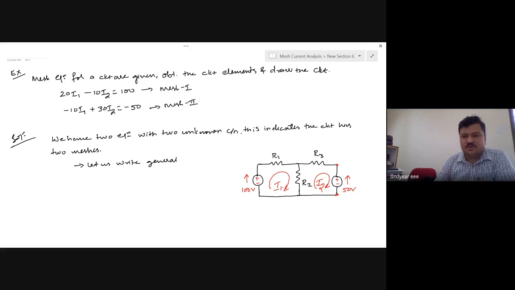Now I got what the voltage sources are. Now I should know the resistor values. I will take this as equation 1 and this as equation 2. Now apply KVL to mesh 1. This is mesh 1, this is mesh 2.